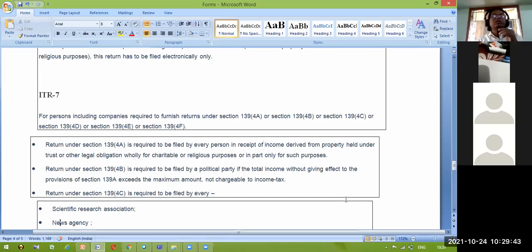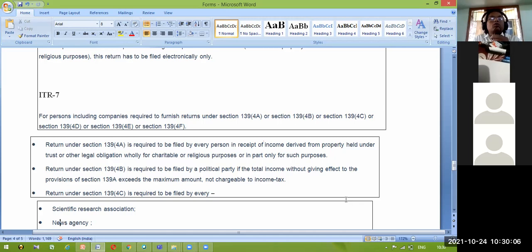For persons, including companies, required to furnish return under section 139(4A) or section 139(4B) or section 139(4C) or section 139(4D) or section 139(4E) or section 139(4F), these persons will be coming under 7.